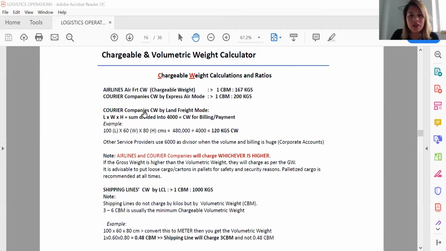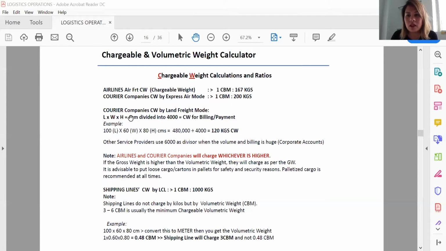Courier companies' chargeable weight by land, sorry. Courier companies like Aramex, DHL, UPS, TNT have their land freight movement, economy movement, LTL and FTL, less than truckload, full truckload.